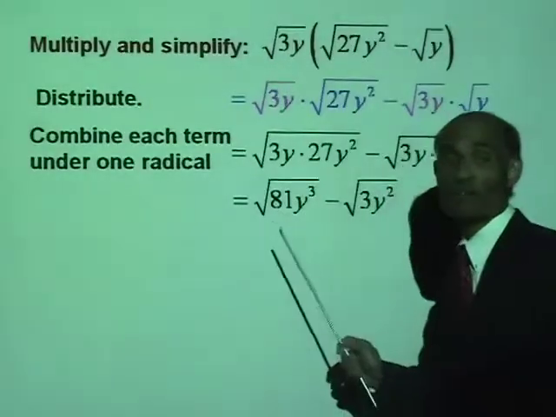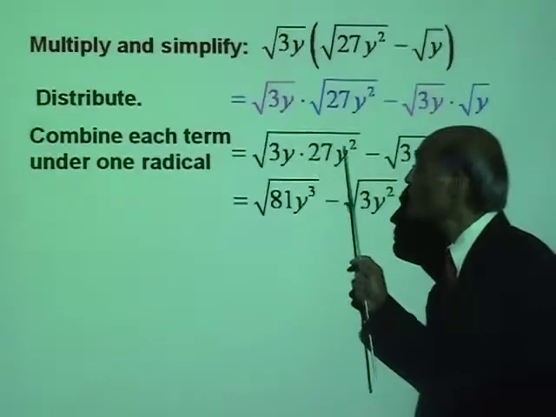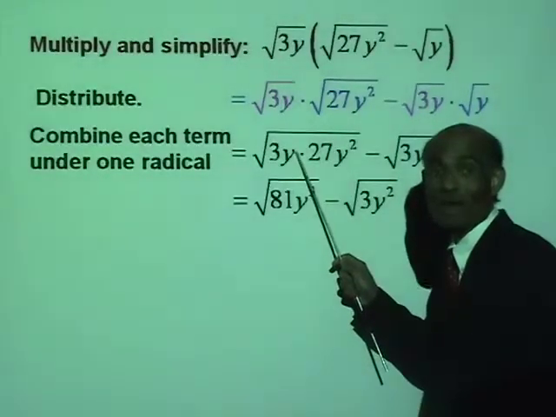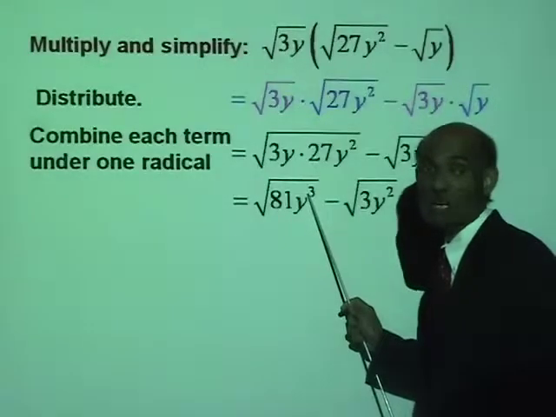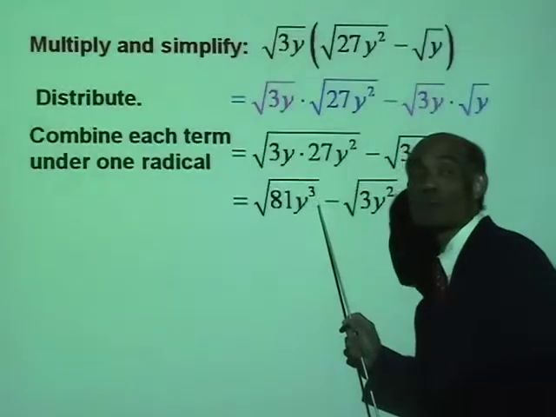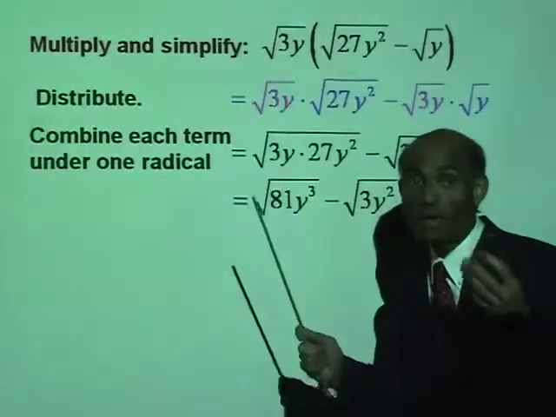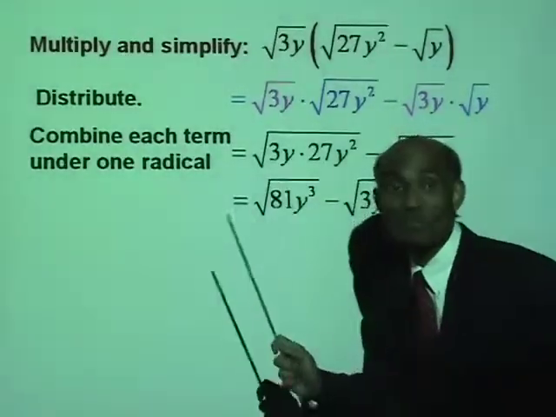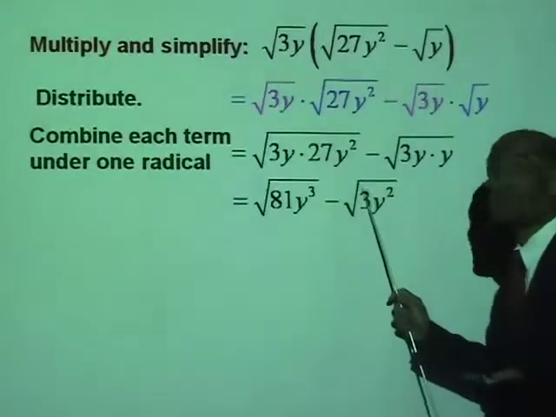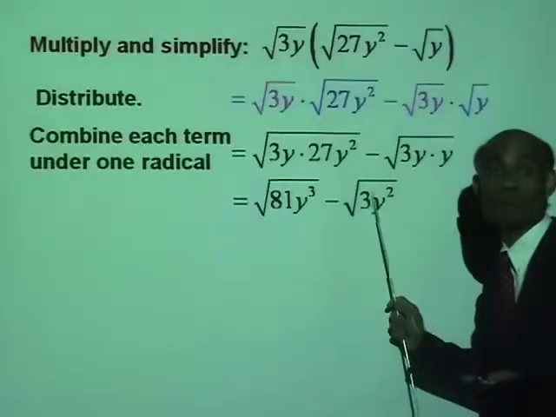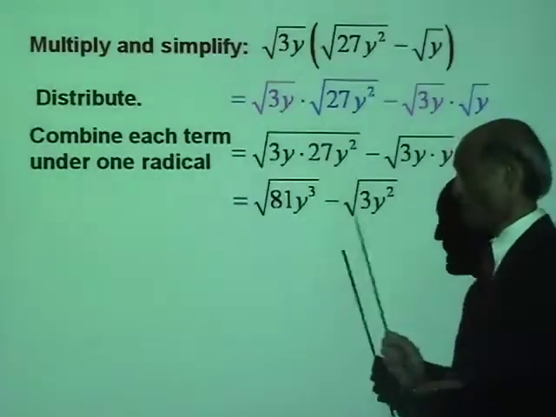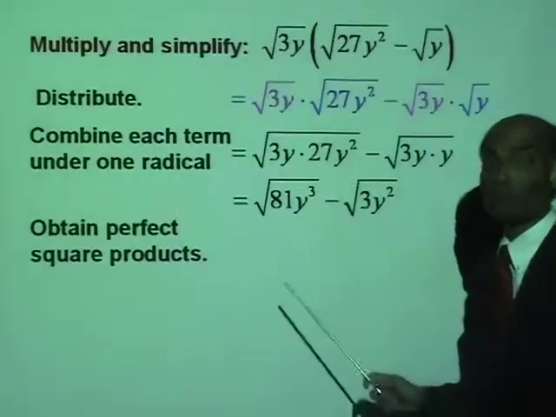Y cubed. Now, if you look at our previous step, we had it as y squared times y. Well, this is y cubed. We need to write it as y squared times y. Why? Because y squared is a perfect square. And here, 3 does not contain a perfect square. Alright, so what is our next step?